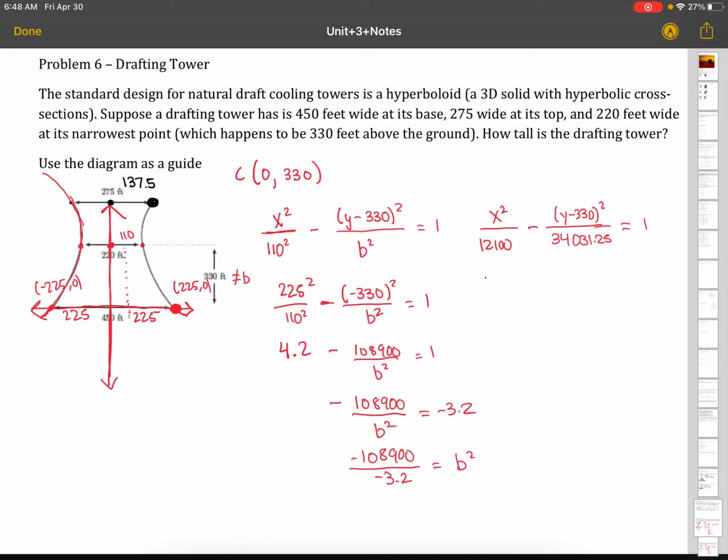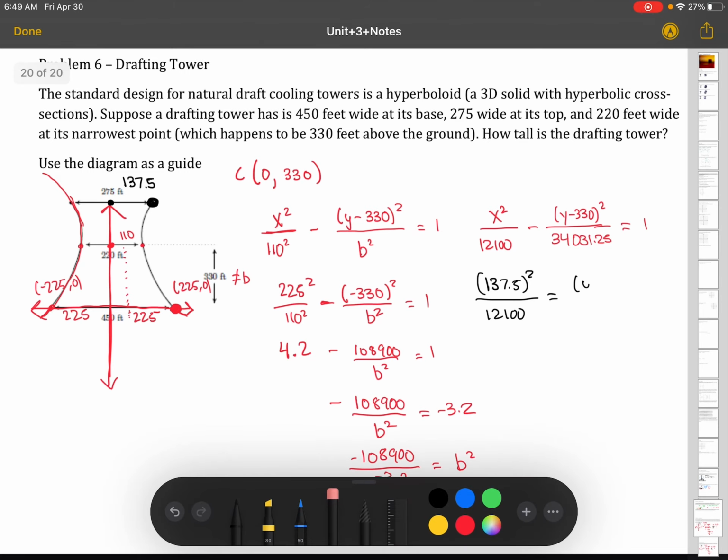So that's going to be 137.5 squared divided by 12,100 minus, there should be a minus, my apologies, minus y minus 330 squared divided by 34,031.25 equals 1.